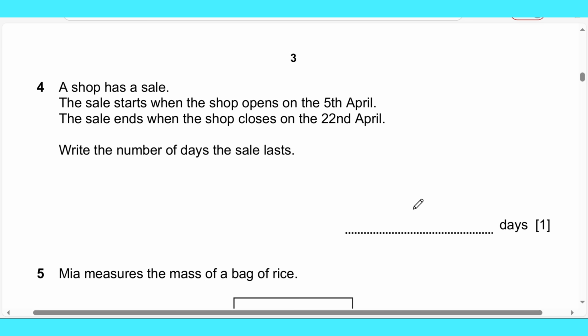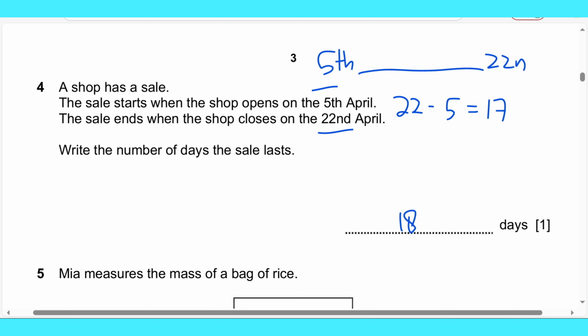So the answer for this is 18 days. Do you get this correct? So how do we do that? If we refer to 22 and 5, 22 minus 5 is 17, but why we have to add 1? Because from the 5th to the 22nd, when we subtract, it is 17 days.